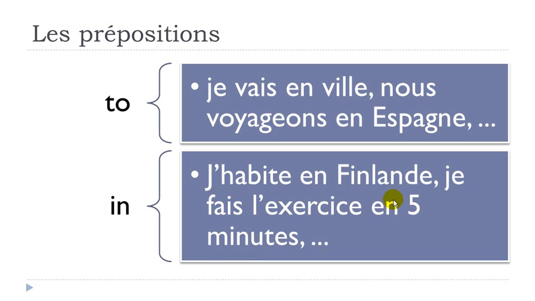In that case, and it's quite important, when you use this in, en here, it will mean the time you need to make the exercise. You don't want to express that you will do that after 5 minutes, but really, if you use this preposition en, it is to express the time that you need to make this exercise. So en Finlande, and then en 5 minutes.